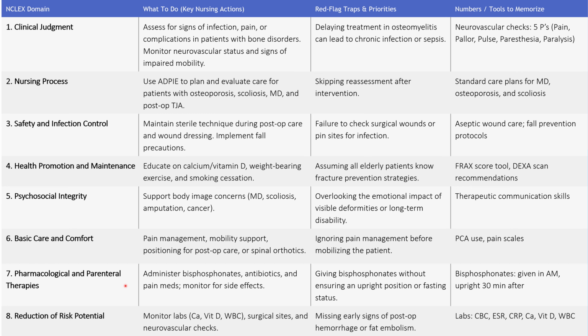The pharmacological: administer here the antibiotics, pain meds, monitor for side effects, right? You need to know when you give them. There are a few medications that are obvious, they have specific instructions.